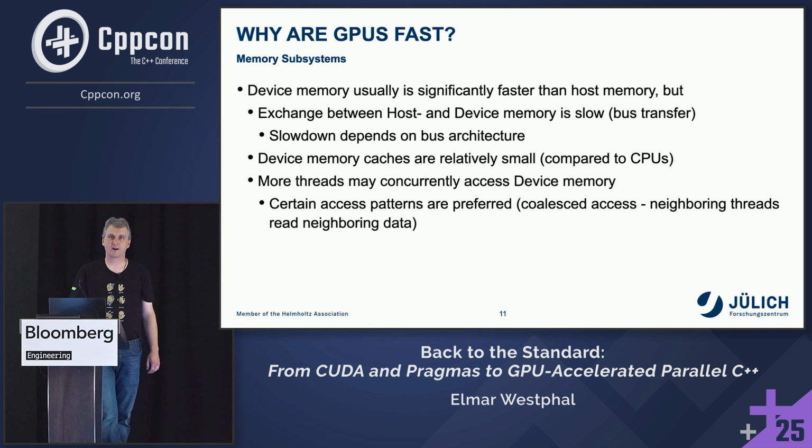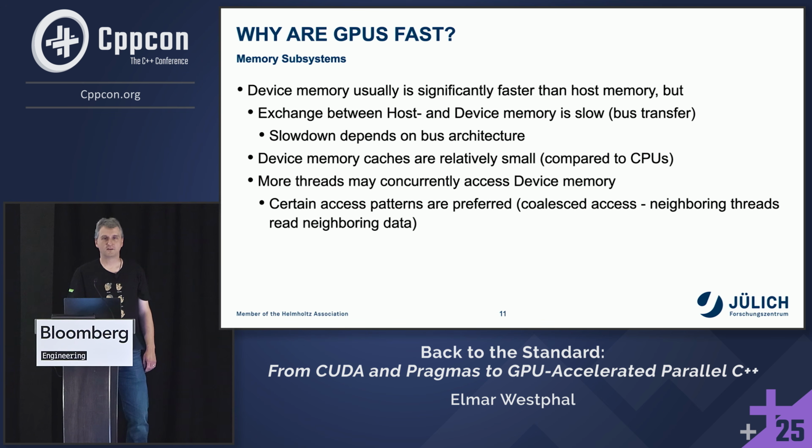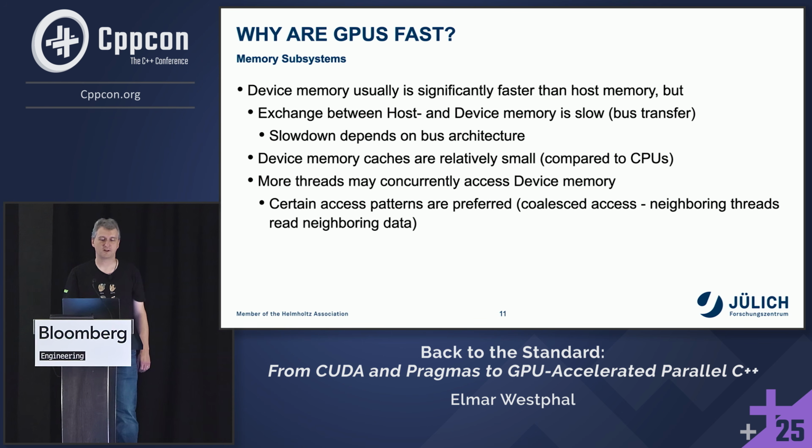The other factor why GPU systems are fast is the memory. The on-device memory is usually a lot faster than the memory you have connected to your CPU, but exchanging data between these two domains is usually slow because it goes over the bus.